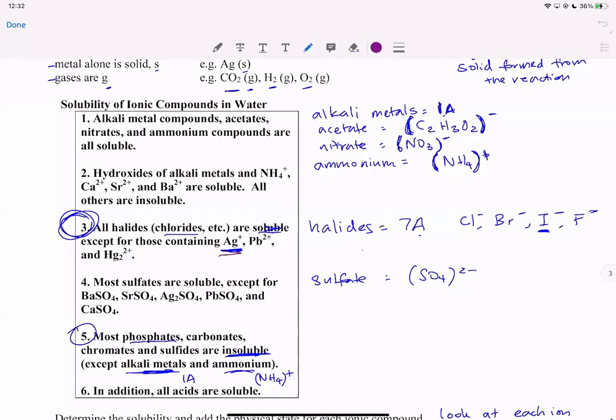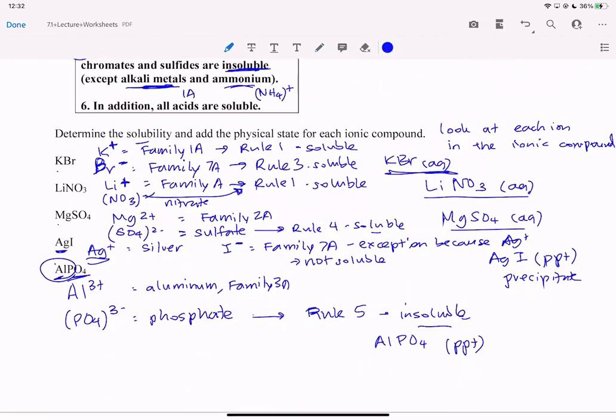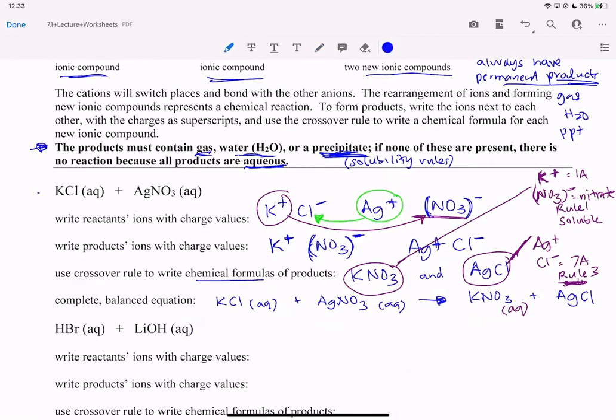Halides are soluble except those that have silver. So we saw that example before. So chloride with silver is not soluble, and not soluble means PPT. It's one of those exceptions, so that means it's a PPT.